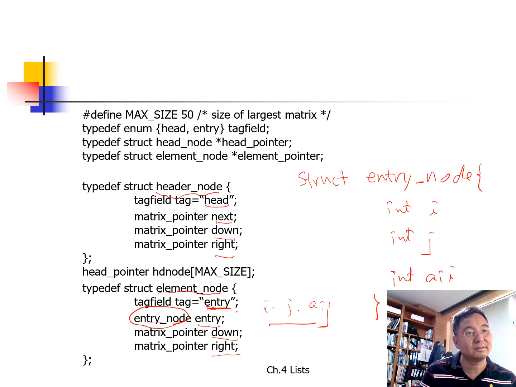So it is for the location of a non-zero value and the non-zero value itself.